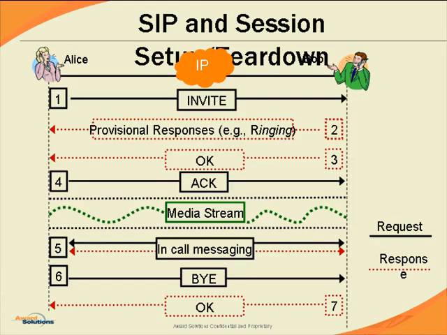Okay. Now, SIP. How do we use SIP? We have chosen to use SIP for signaling. The IMS network, which is basically defined by 3GPP, is using SIP.